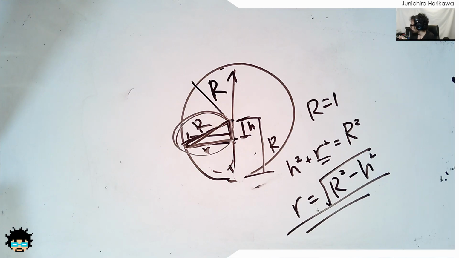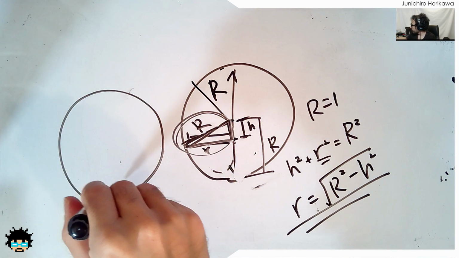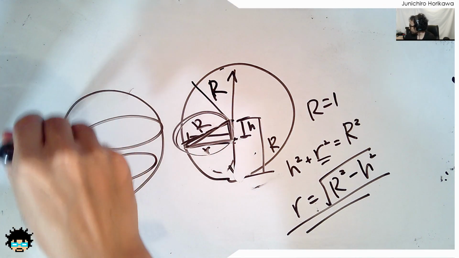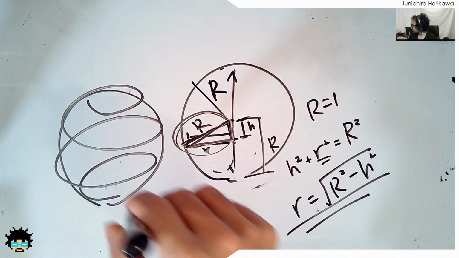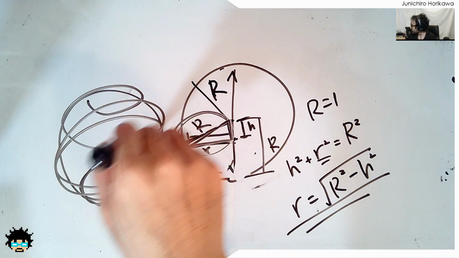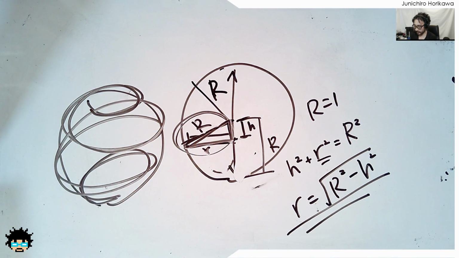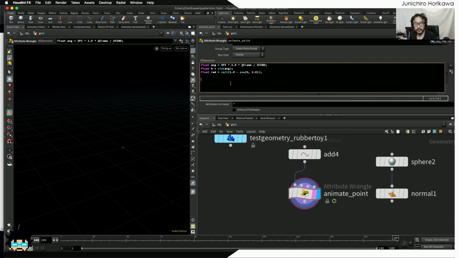Now, if you want to create a spiral curve like this, then you need to know how many times you want to rotate. And 2 pi is one rotation. So by multiplying 2 pi by an integer value, you can estimate the number of rotations.